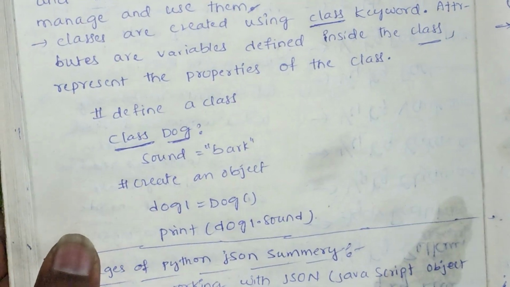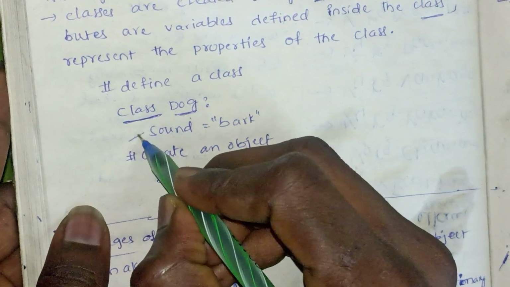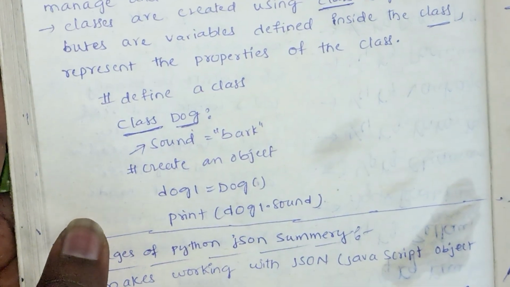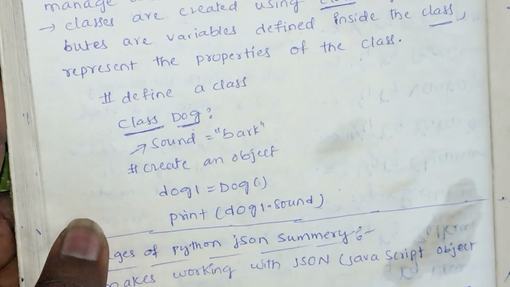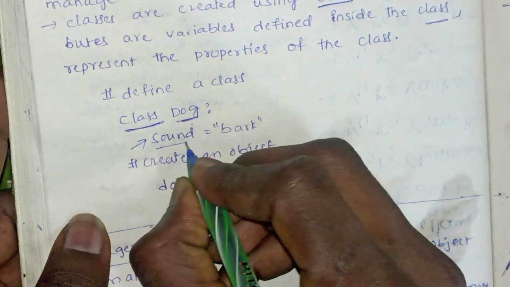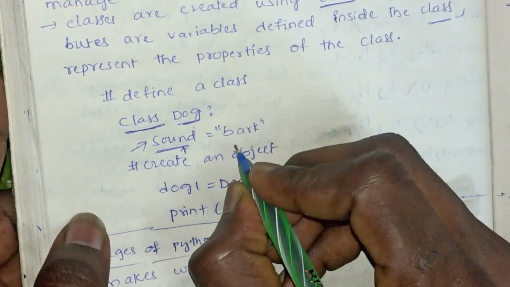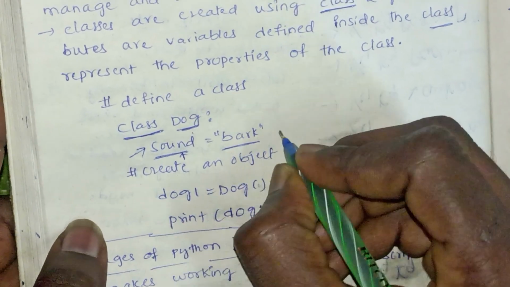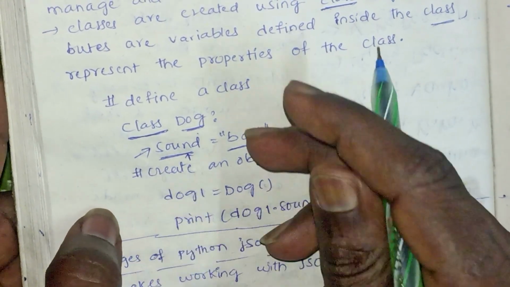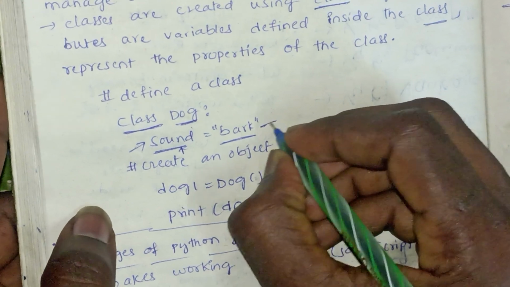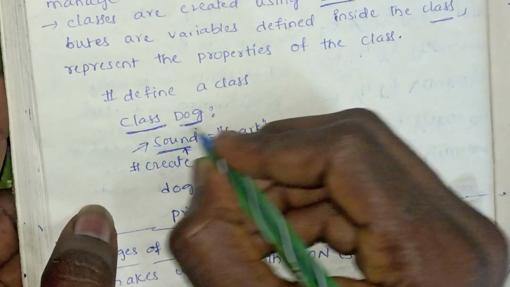The class name is Dog. In that there is one member data, a variable of string type. The variable name is sound, and it holds "bark", which is a string. Next, how to call this? I need the sound.